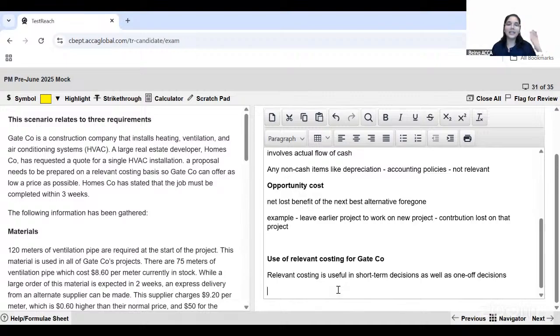So here gate company is taking up this order which is going to be done only once. So they are thinking to give in this quotation for homes company.